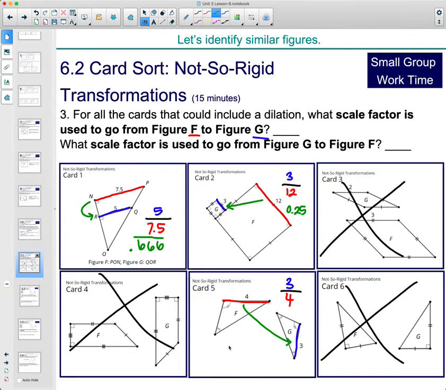So 3 divided by 4, which gives us a scale factor of 0.075. Again, that's smaller than 1. And if we wanted to go the reverse, so if we wanted to go G to F, then we would just flip these. So then these would be flipped over and it'd be 7.5 over 5, or 12 over 3, or 4 over 3.